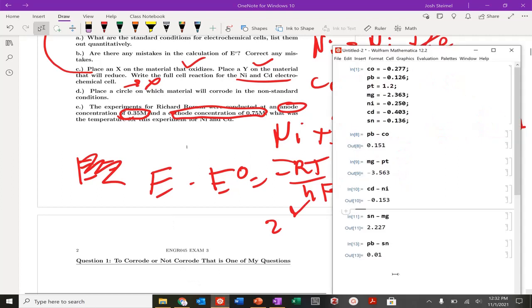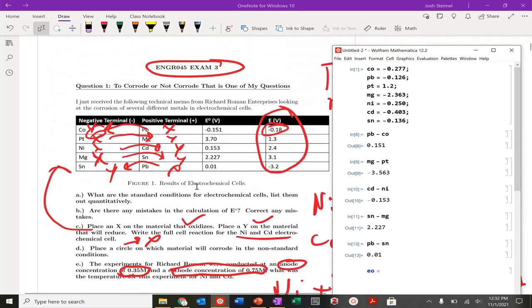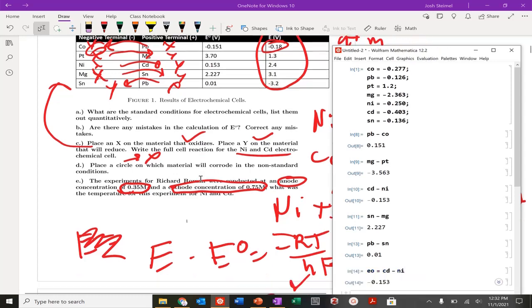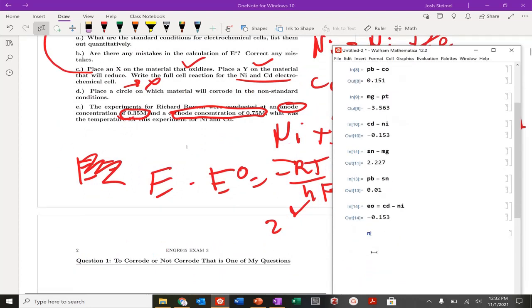So my E naught is going to be equal to, for this experiment, my nickel cadmium, so Cd minus Ni. That is my E naught. N equals 2. R equals 8.314 joules per mole K. My temperature is an unknown.